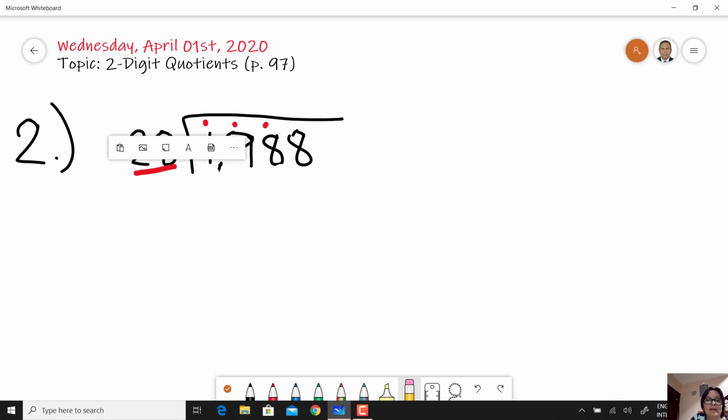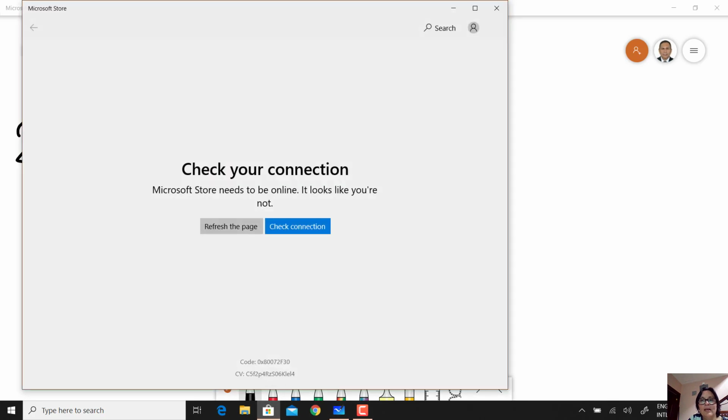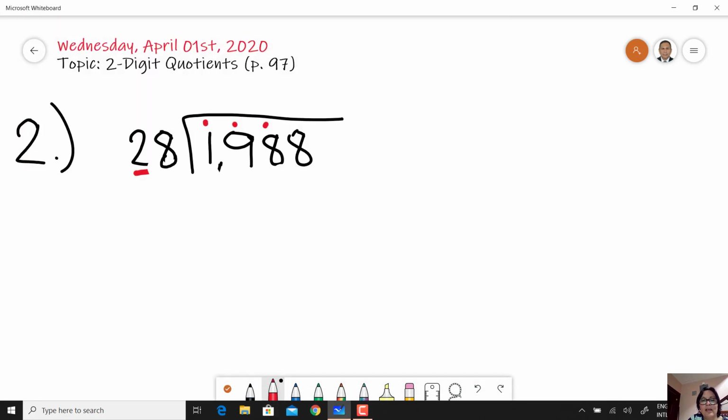So we take only number 2 from here, and we are going to take from here 1 and 9, okay, 19. So 19 divided by 2, what number can be in the quotient?